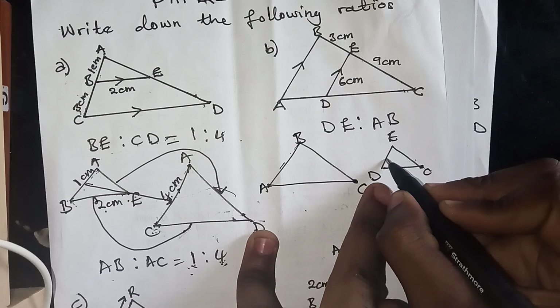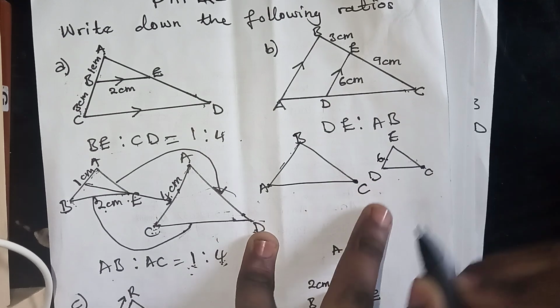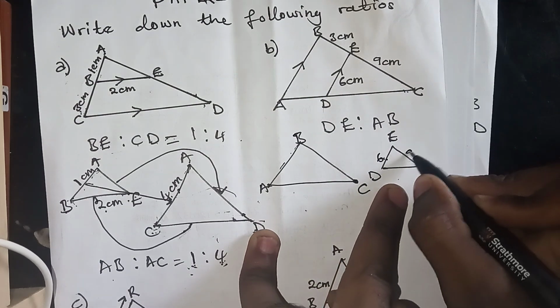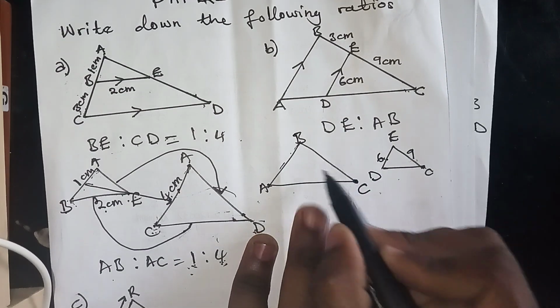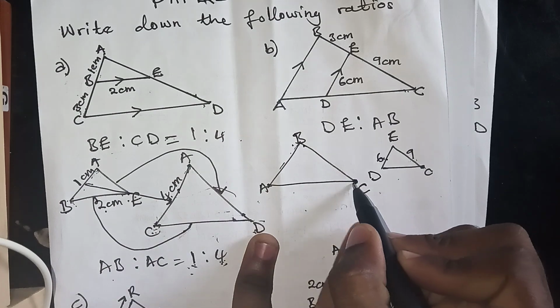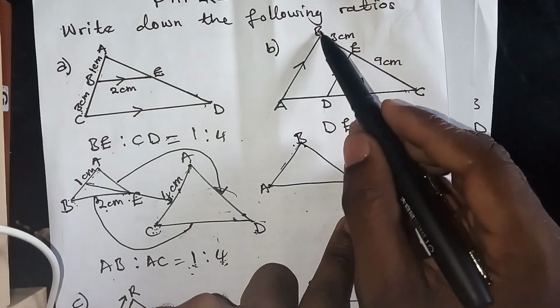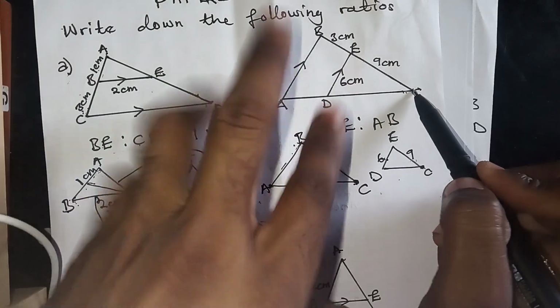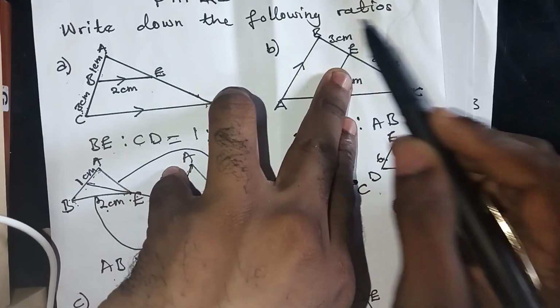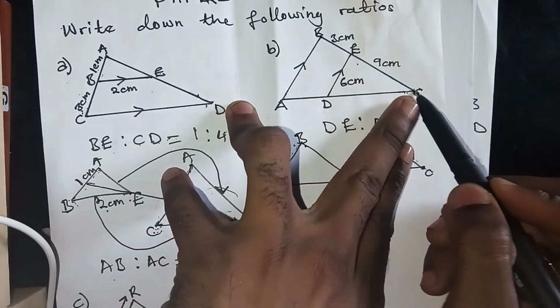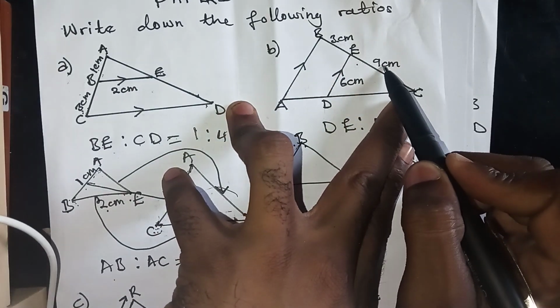So this is 6 centimeters. I'll just write the 6. This is 9 centimeters. I'll just write the 9. And then now BC is the distance from B to C. Remember, the distance from B to E is 3 centimeters, and then the distance of E to C is 9 centimeters.